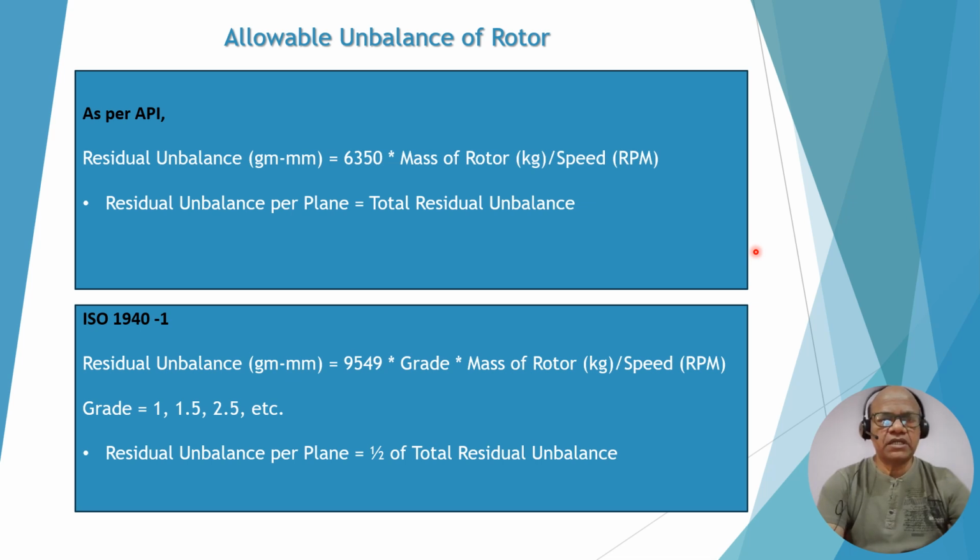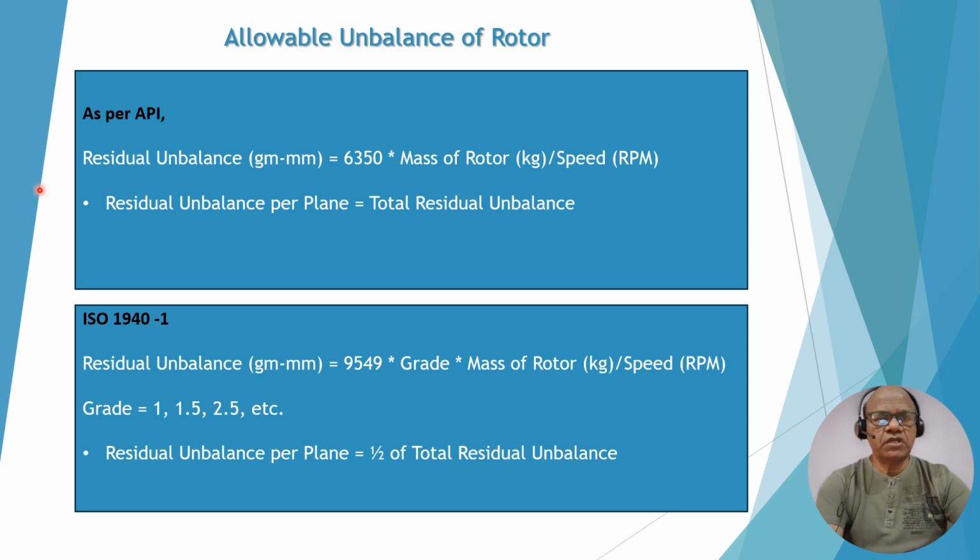So we have taken two guidelines or standards. One is the API guideline, another is ISO 1940. As per the API guideline, residual unbalance in gram mm is equal to 6350 times the mass of the rotor in kg divided by the speed in rpm.